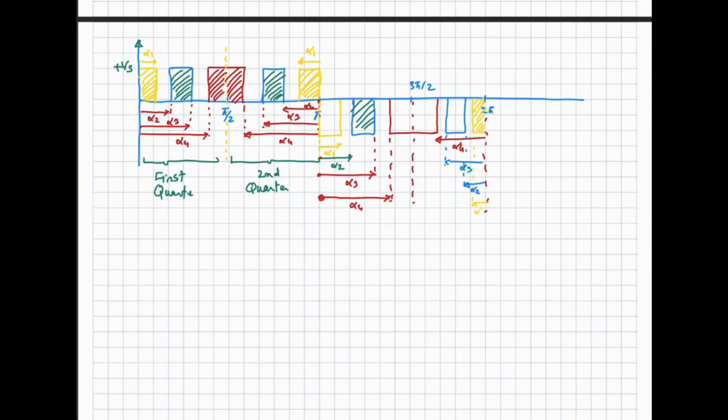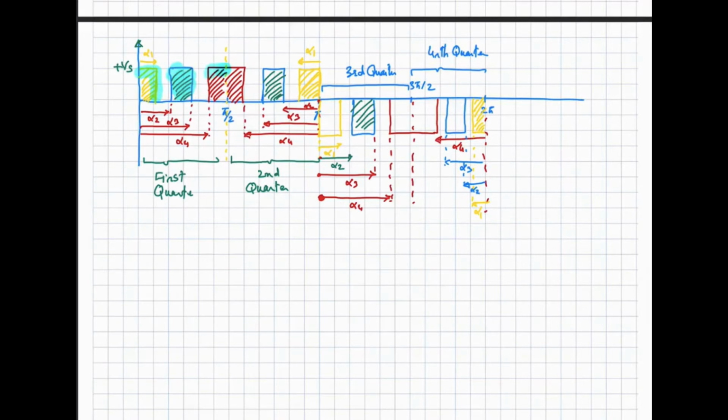This is alpha 1. So we have the quarter wave symmetry and the half wave symmetry. This is the third quarter, and this one is the fourth quarter.